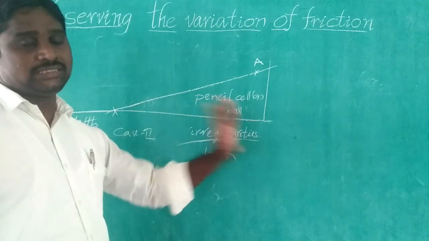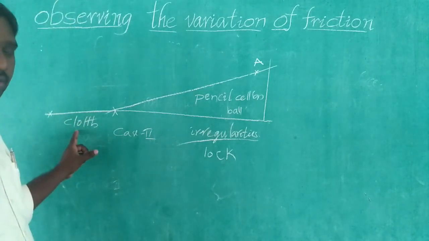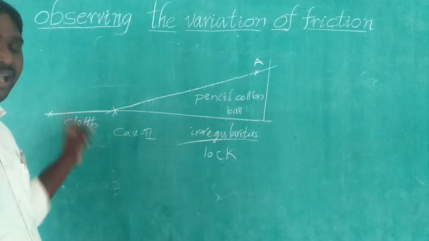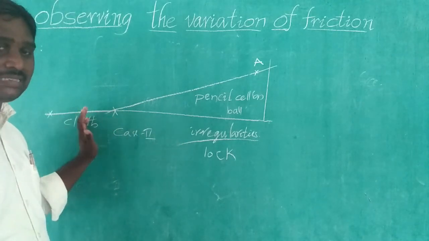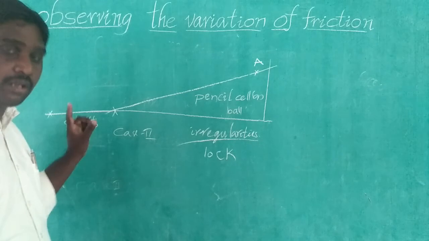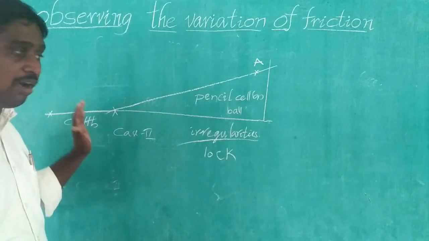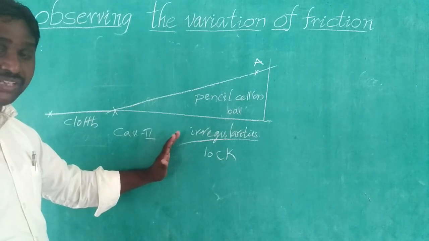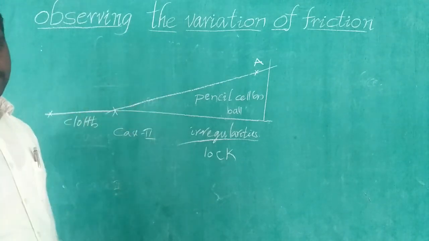The frictional force increases. So that's why the cloth surface offers high frictional force, and that's why the pencil covers minimum distance. But a glass surface or marble surface offers low frictional force, so it can travel a longer distance.